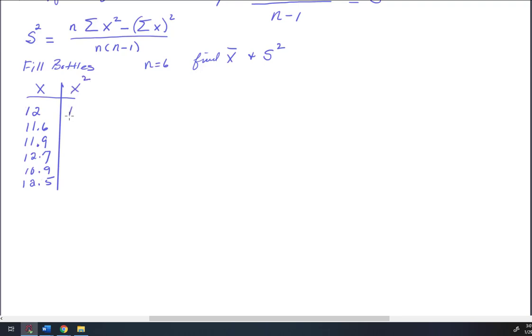So if I square 12, I get 144. And if I square 11.6, I get 134.56. And if I square the next number, I get 141.61. And just in the interest of time, I'm going to do these two but not write them down.